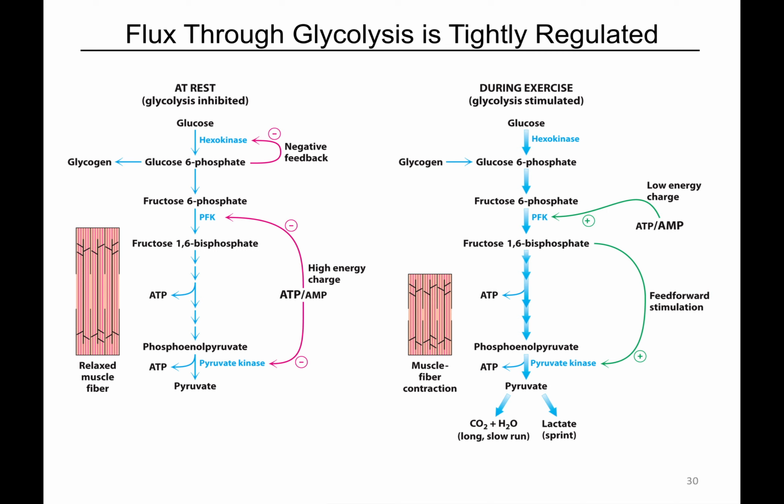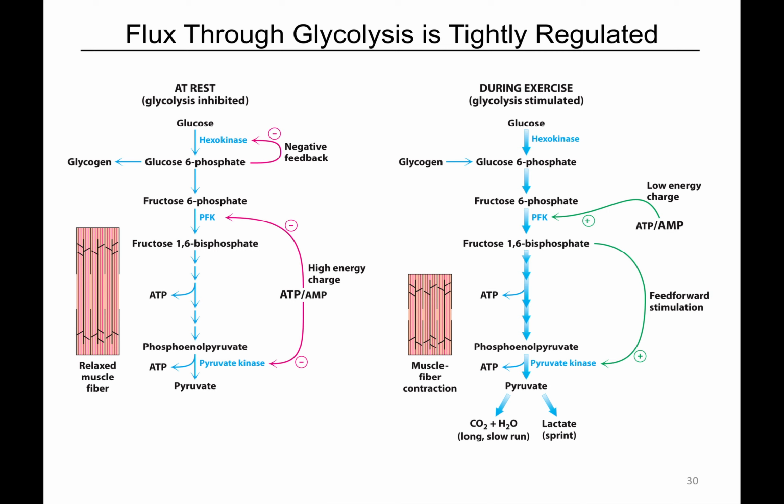At rest, we have a buildup of ATP and a depletion of AMP. So we have a high energy charge. This high energy charge is recognized by pyruvate kinase and phosphofructokinase. Okay? It inhibits them. It somehow impacts those enzymes in a way that it inhibits activity of those enzymes.